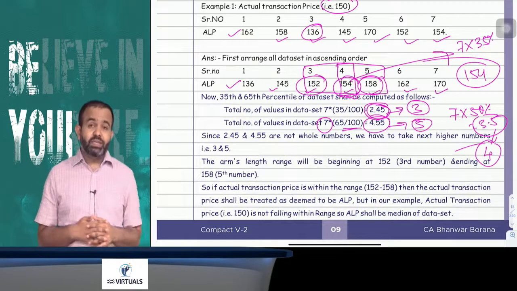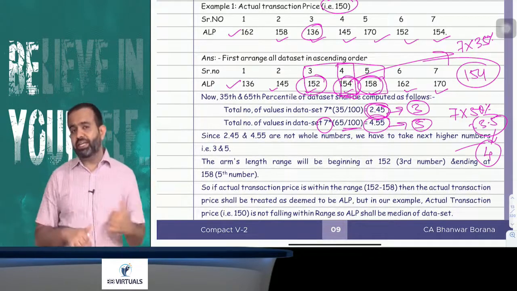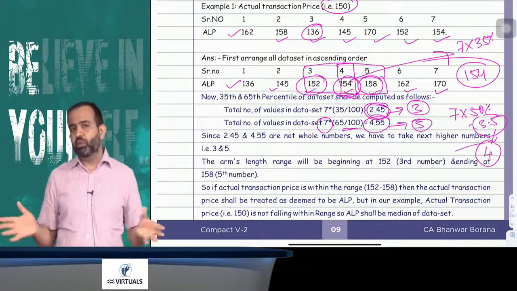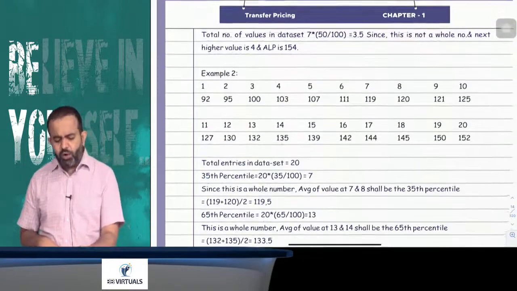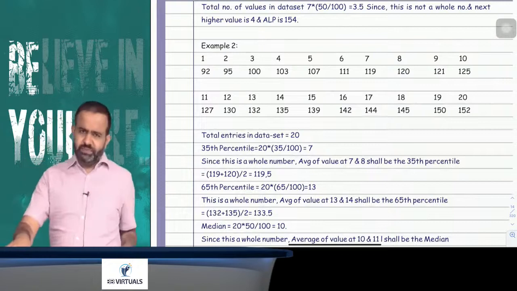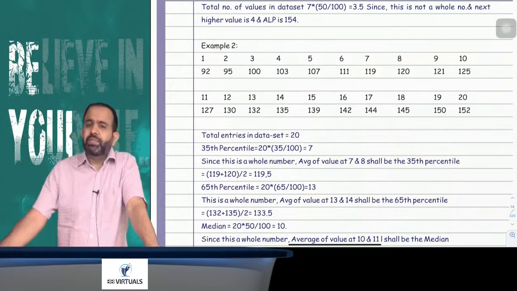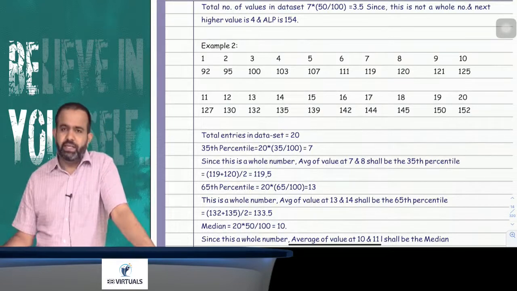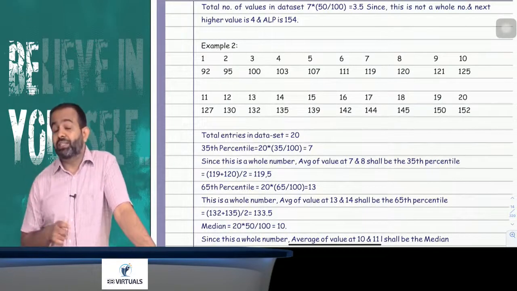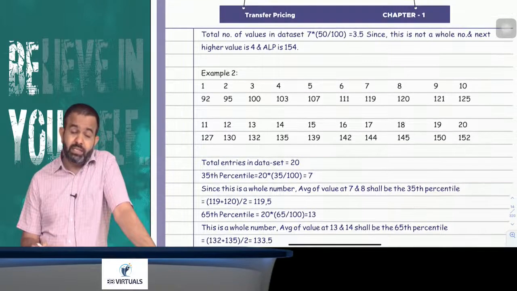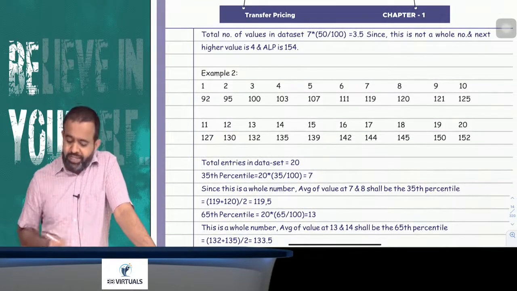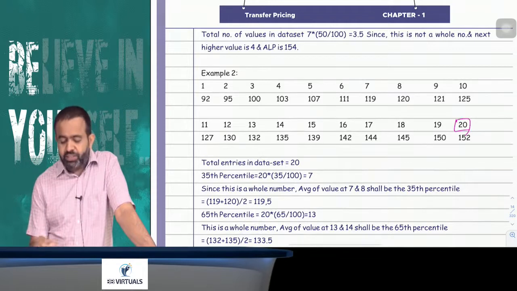So if your actual transaction price falls within the range, then the actual transaction price is the arm's length price. Otherwise you have to take the 50 percentile. Now guys, whenever you calculate 35 percentile, 65 percentile, 50 percentile, if that is not a whole number, you have to take the higher number. But suppose that comes to a whole number, for example, in your data set there are 20 values.